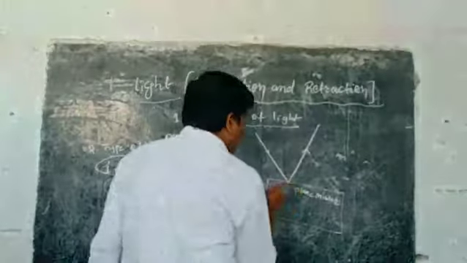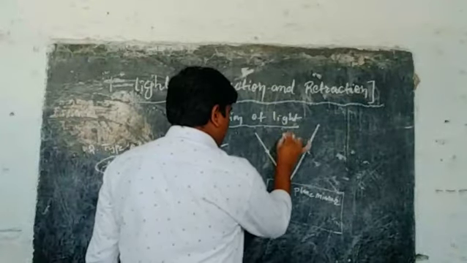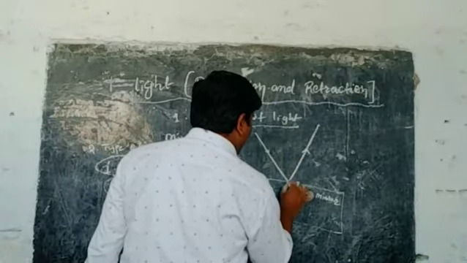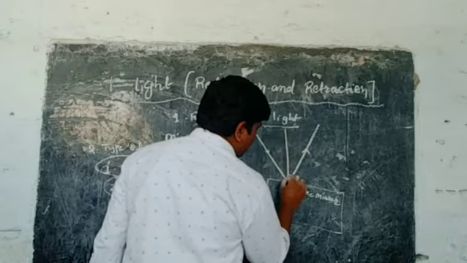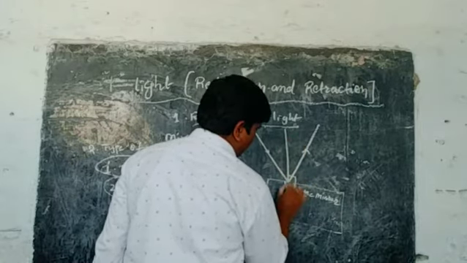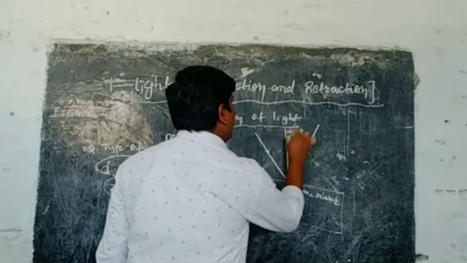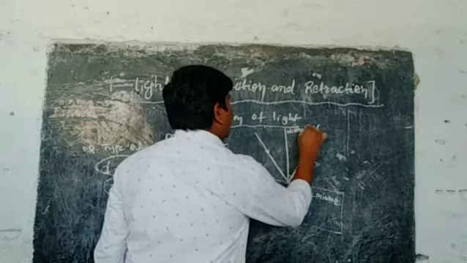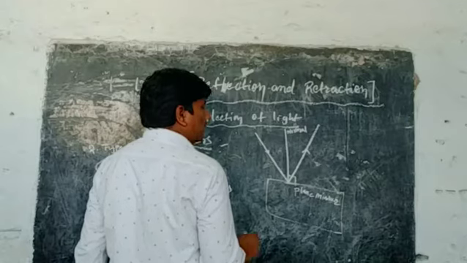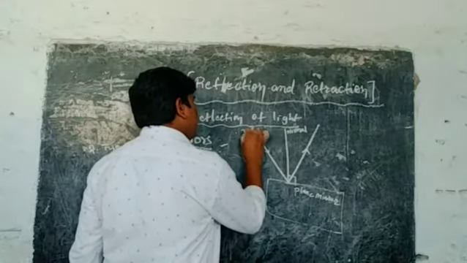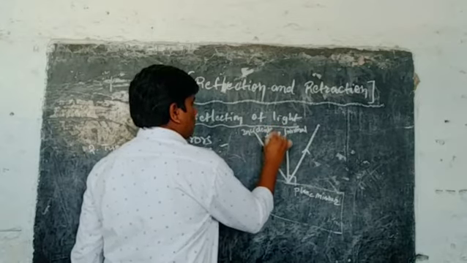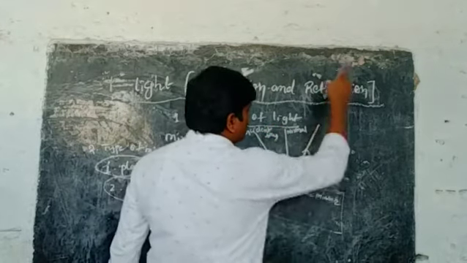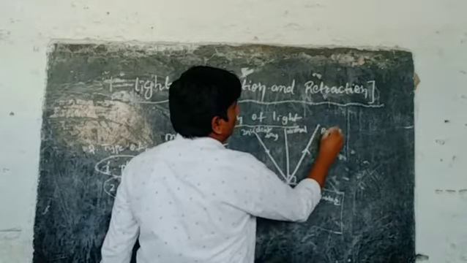This is the point of incidence. Draw an imaginary perpendicular line from this point of incidence, perpendicular to the mirror surface. This is called the normal. The light which falls on the plane mirror is the incident ray. The light which bounces back is the reflected ray.